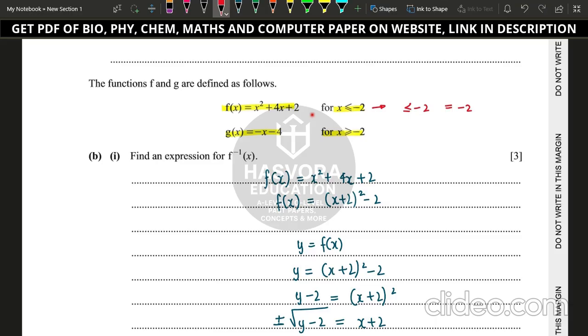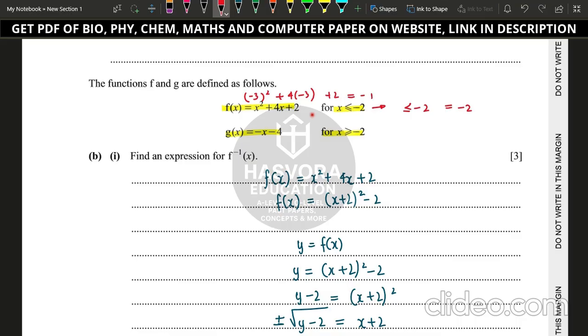And now if I plug in minus 3, it will give you (-3)² + 4 × (-3) + 2, which is 9 - 12 + 2, so it is going to give you minus 1.